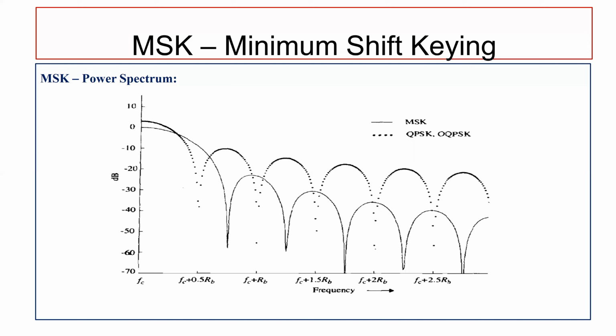Here it has a high spectral efficiency because the main lobe of MSK contains 99% of the energy, whereas the QPSK main lobe contains only 90% of the energy. So the main lobe occupies a much higher efficiency level compared to the others. Side lobes are reduced. So this is the power spectrum.